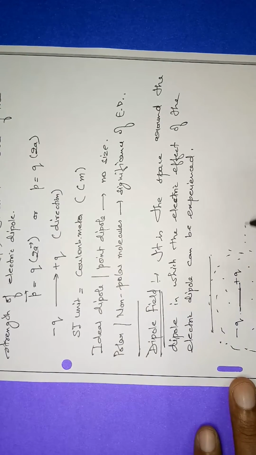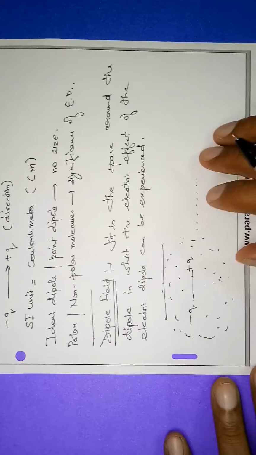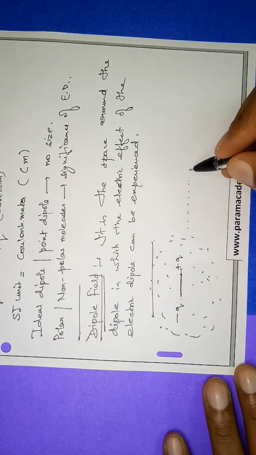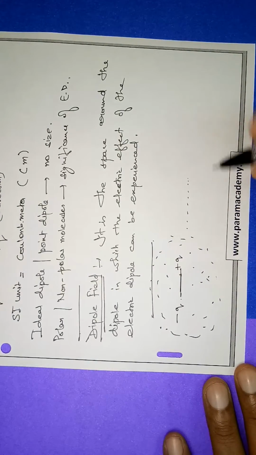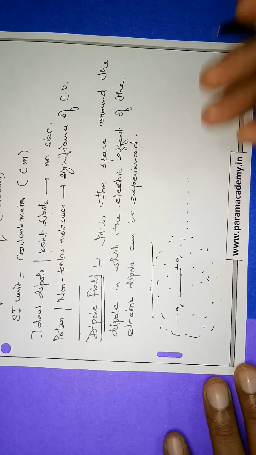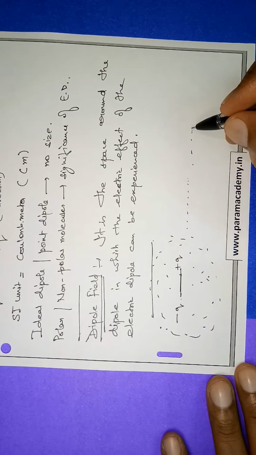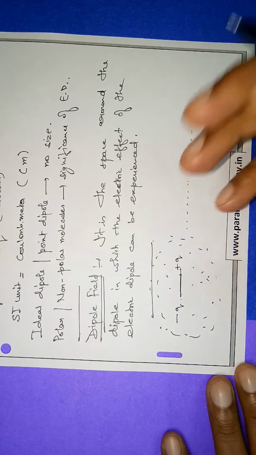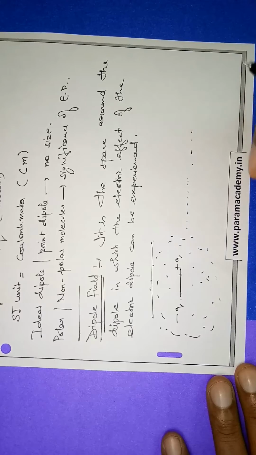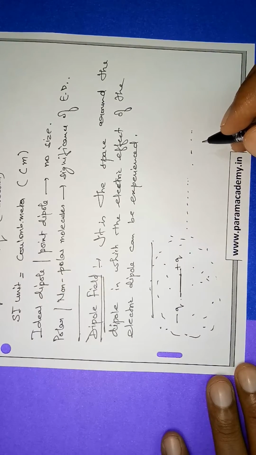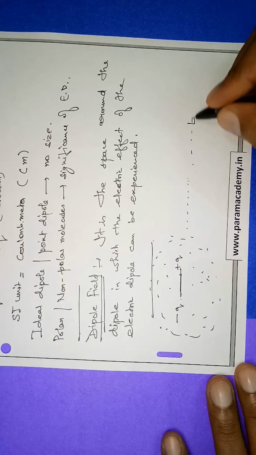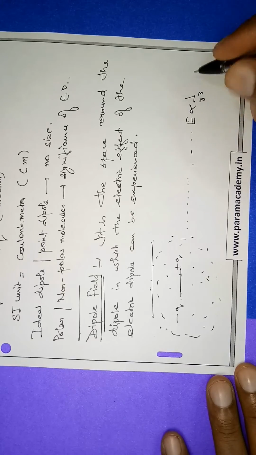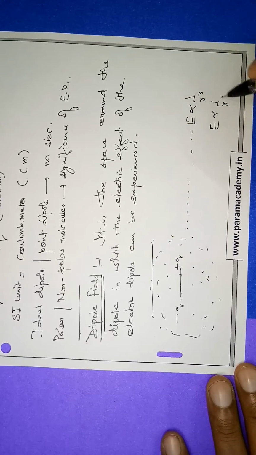Now when you move away from the dipole, to a very large distance, the value of the dipole field falls off very rapidly. It is something like E is proportional to 1 by r cube, or E is proportional to 1 by r square, as in the case of a point charge.